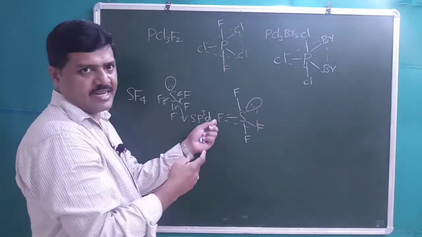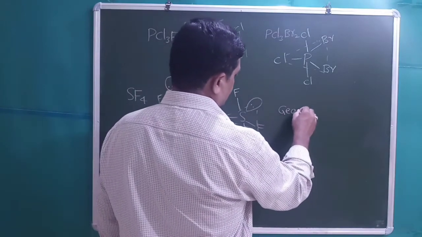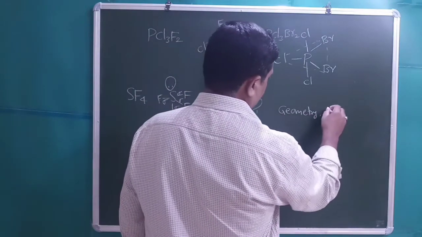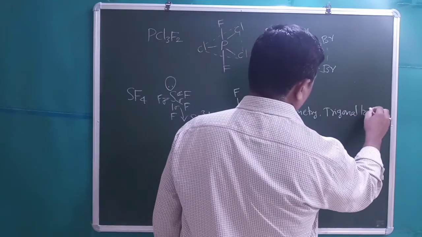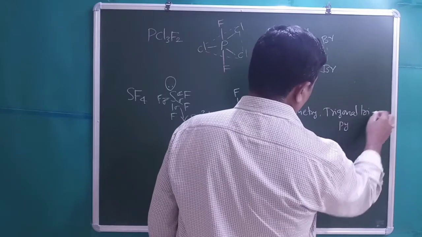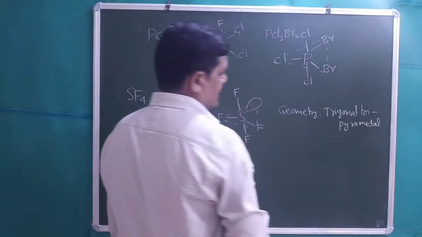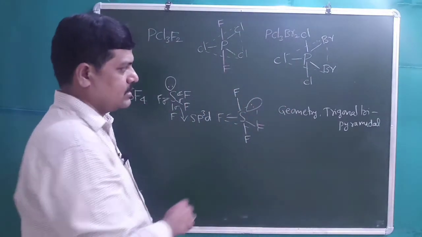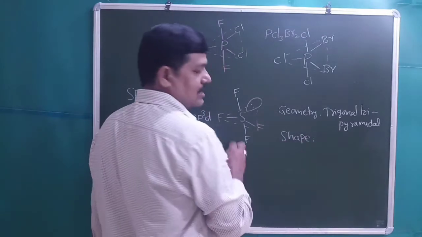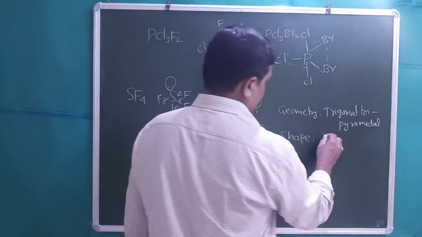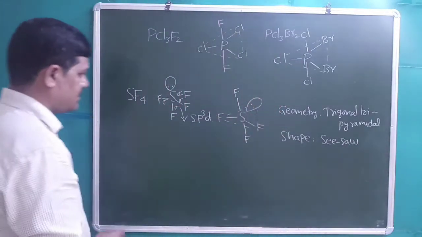For this molecule, geometry is trigonal bipyramidal; for all sp3d hybridization the geometry is the same, right? But the shape depends upon the number of lone pairs and bond pairs. Here the shape of the molecule is seesaw, right?